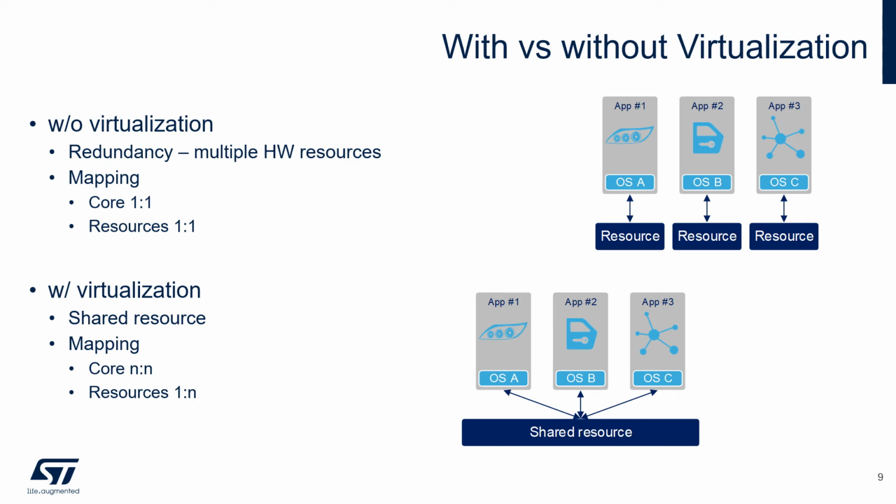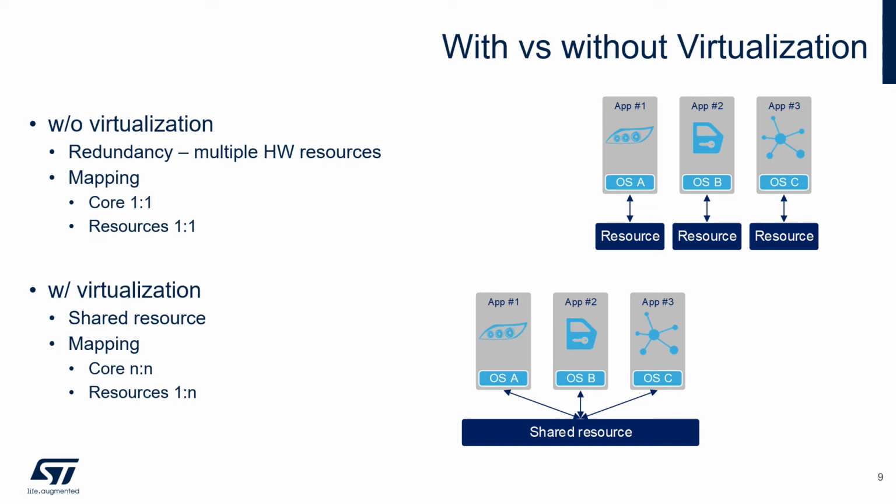Without virtualization, the assignment is one-to-one. One application running on one core, one peripheral used by one application, and that means always having redundancy of these resources, cores included. With virtualization, it's not the case anymore, as it brings utilization and sharing with it.